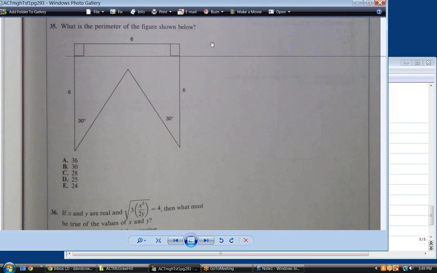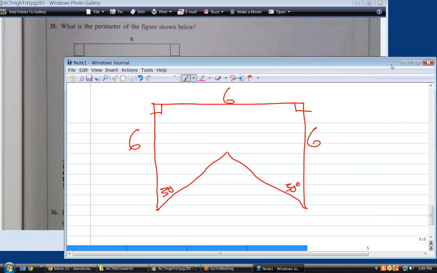So, you know that the bottom line is 6. I don't know if that helps. This line down here? Yeah. Okay. And then it's an isosceles triangle? Okay, because this angle would have to be the same as that angle.